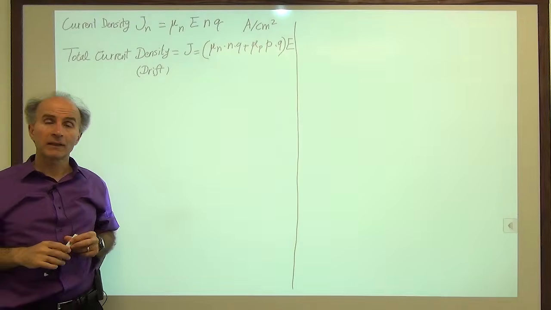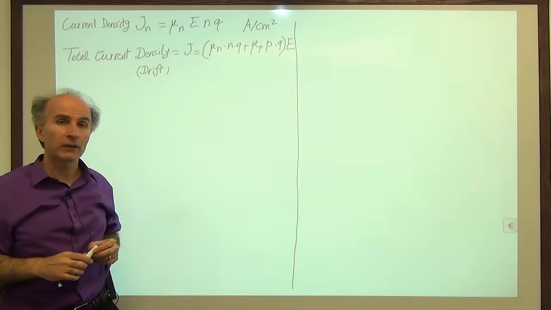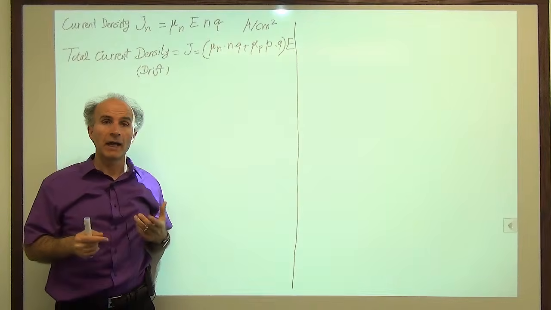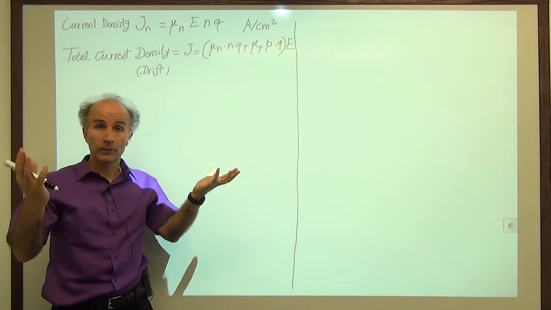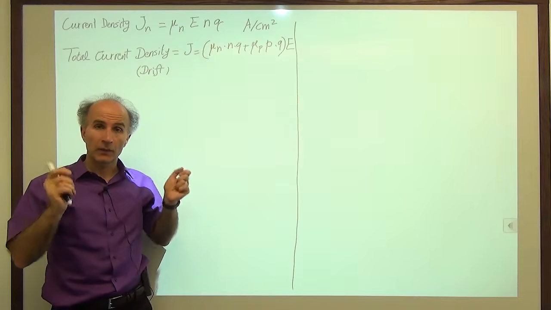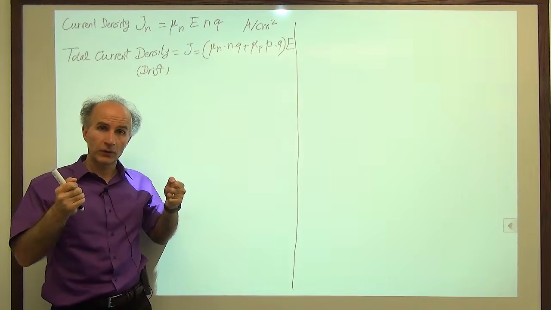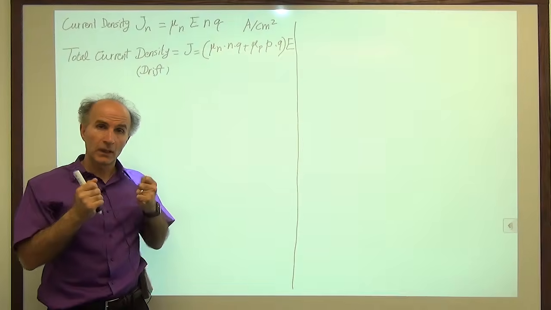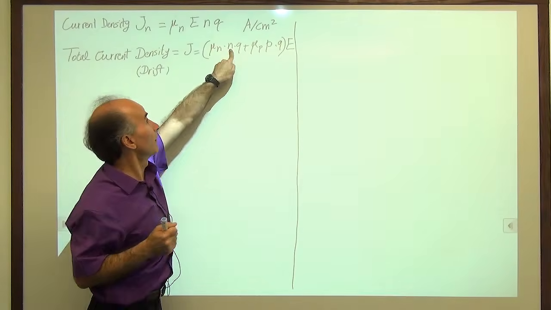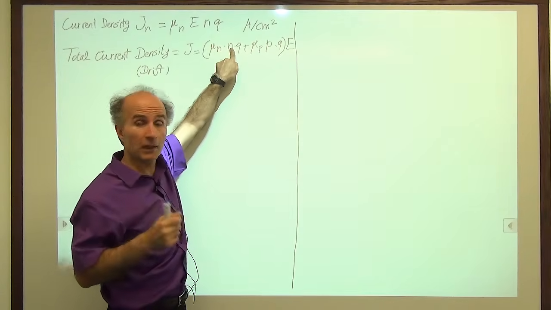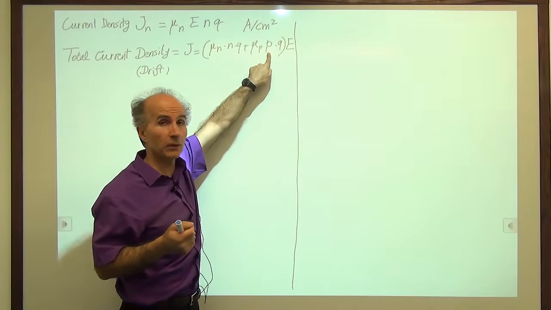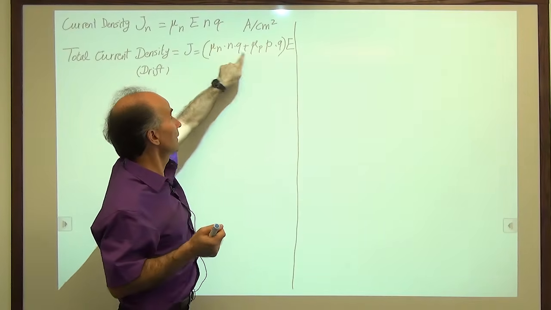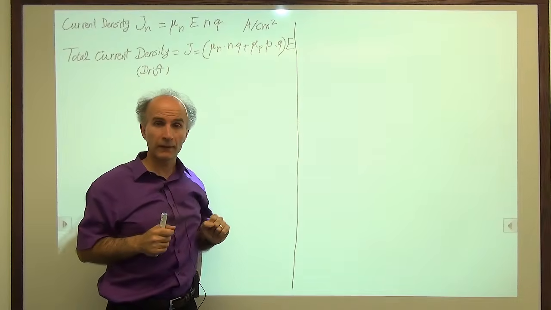Okay, so that tells us how to calculate the drift current. If I have a certain piece of silicon with some doping or not doping, doesn't matter, I apply a voltage. In response to that voltage, I have a certain electric field. If I know the amount of doping or the number of free electrons per cubic centimeter, the number of holes per cubic centimeter, and I know these values, then I can do that.